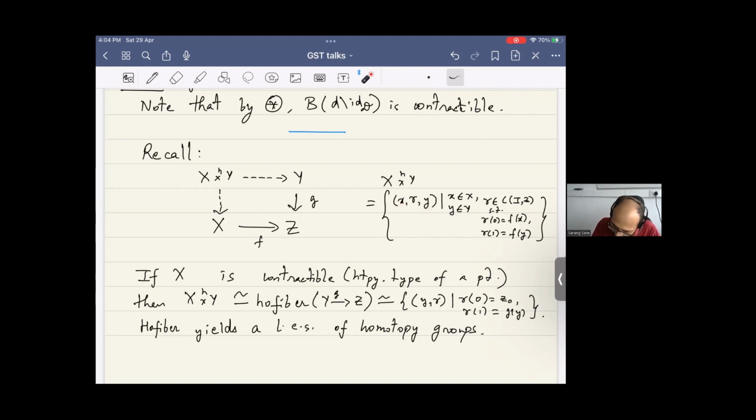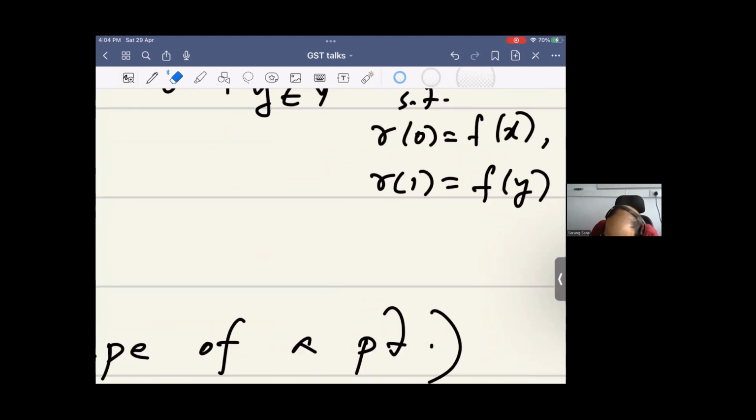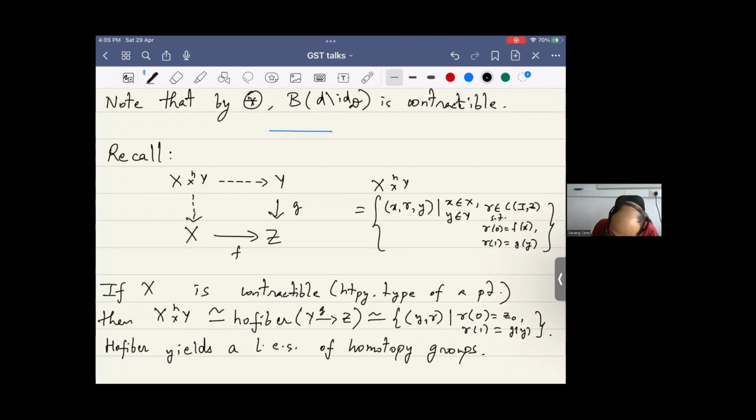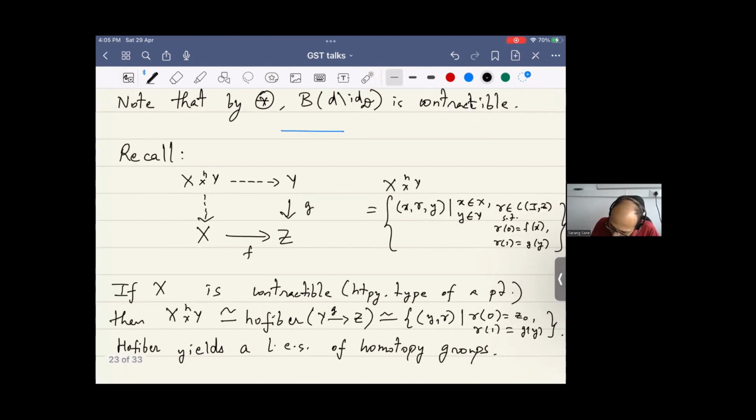Well, of course, that doesn't make sense, but you can apply little f to x and little g to y. So these are paths from little f of x to little g of y. Okay, so that's a model for the homotopy Cartesian square.